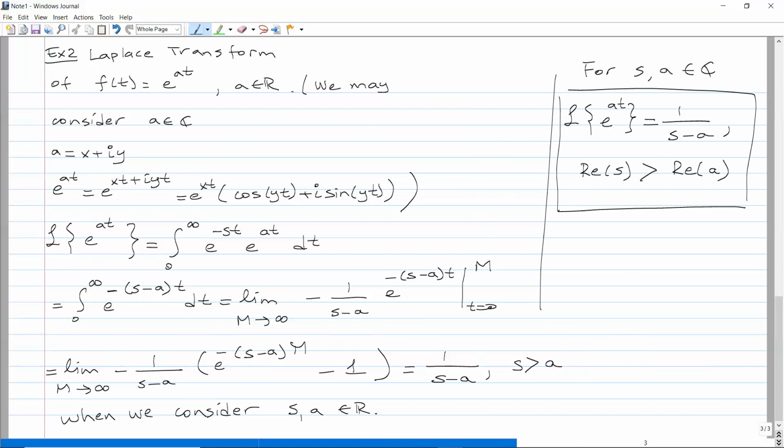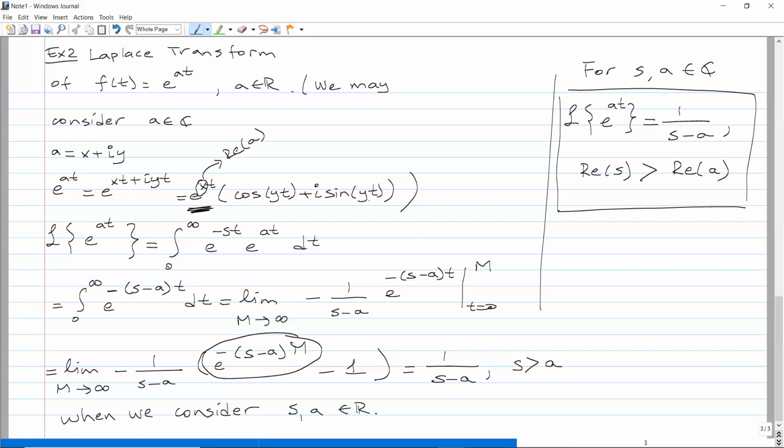It is true that even if you consider s and a to be complex numbers, this limit is still 0 when the coefficient of m is negative. Because for the imaginary part y, the exponential function becomes cosine and sine, and it is multiplied by the exponential function where x is the real part of the number a.